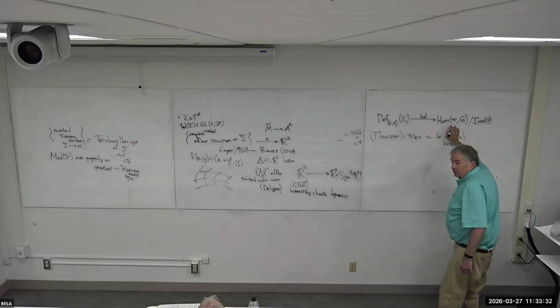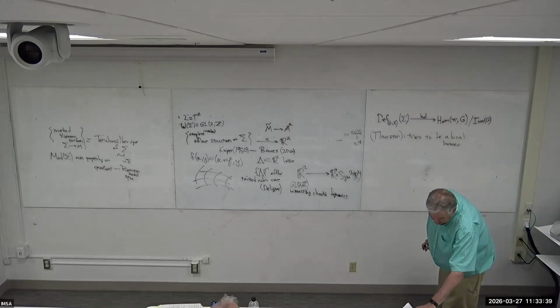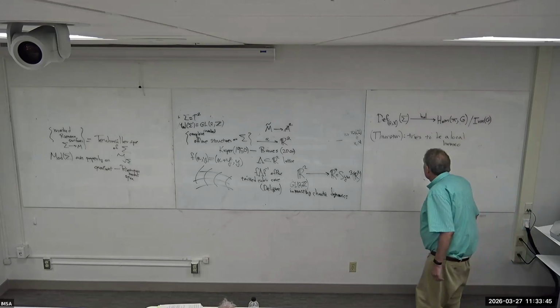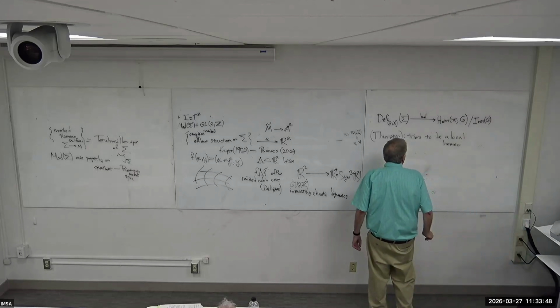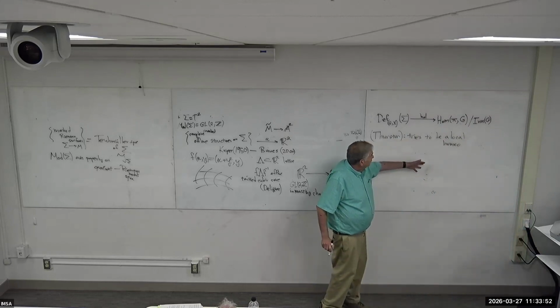So we want to give this just the quotient in the ordinary sense. So I want to say something about the singularities of this space. So Hom(pi, G) is a real algebraic set. It's not a manifold.